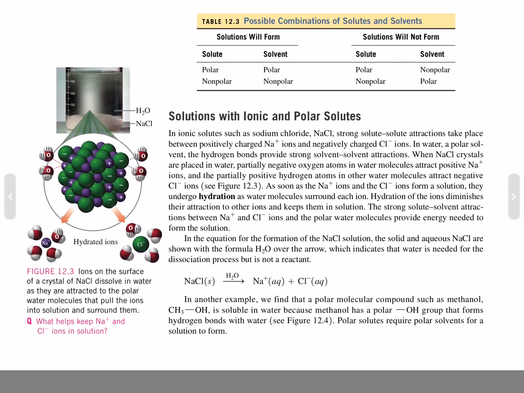In another example, we find that a polar molecular compound such as methanol, CH3OH, is soluble in water because methanol has a polar OH group that forms hydrogen bonds with water. Polar solutes require polar solvents for a solution to form.